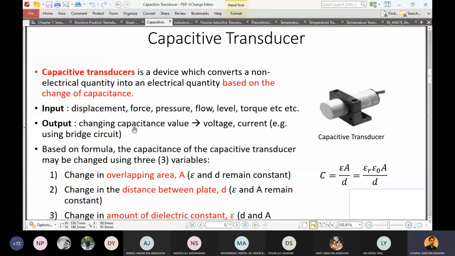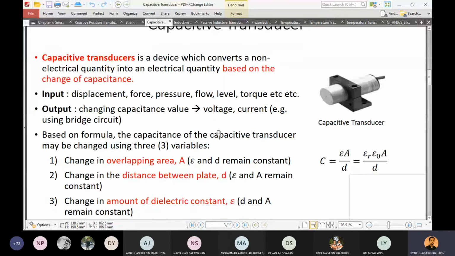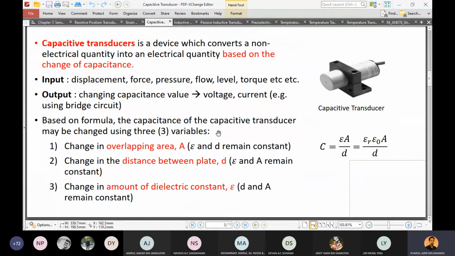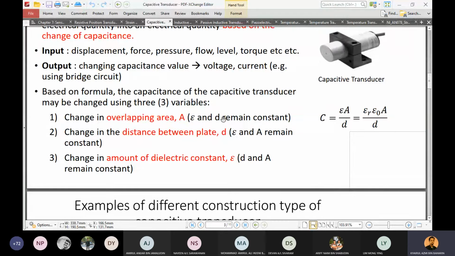So we want to convert the change in capacitance value into a voltage and current equivalent, again using the bridge circuit. Okay, so from this equation here, the capacitance value can change based on these three parameters, either epsilon, A, or D. So any change in one of the variables will cause a change in the capacitance.